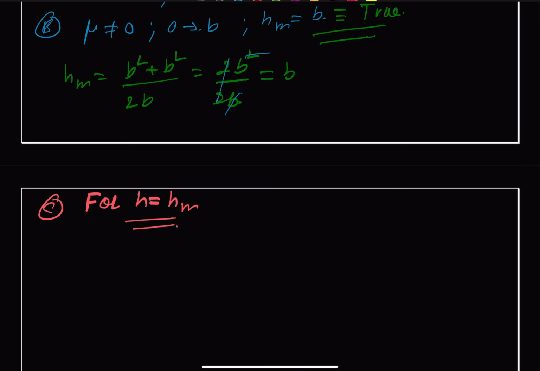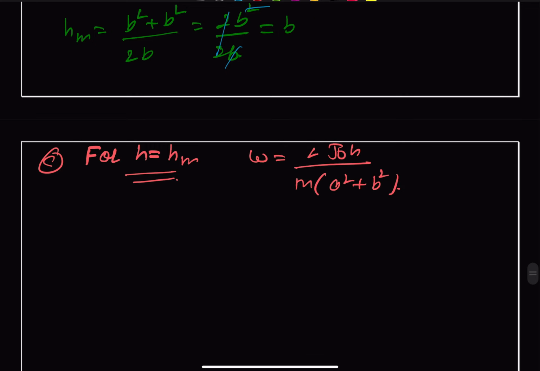and we know that our angular velocity omega is equal to 2 j naught h upon m a square plus b square, and we know that at h is equal to hm, which is equal to a square plus b square upon 2b.